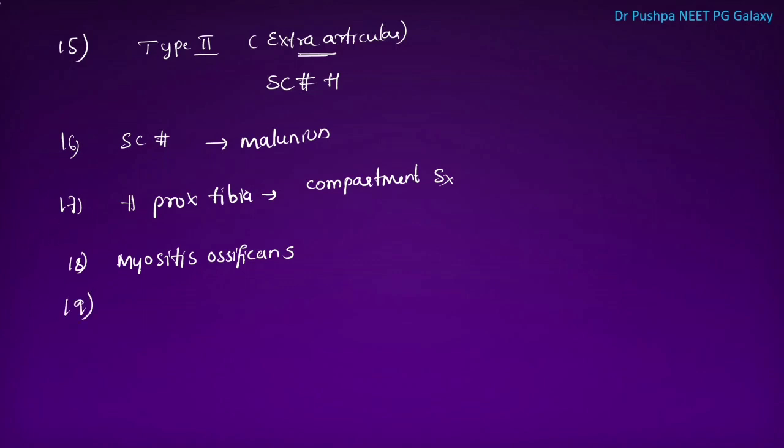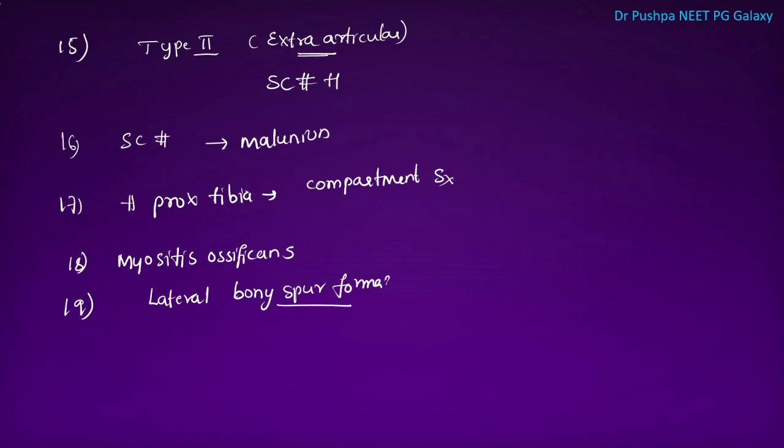Most common complication of fracture of lateral condyle of humerus is lateral bony spur formation, whereas most common complication of lateral condylar humerus requiring surgery is non-union.